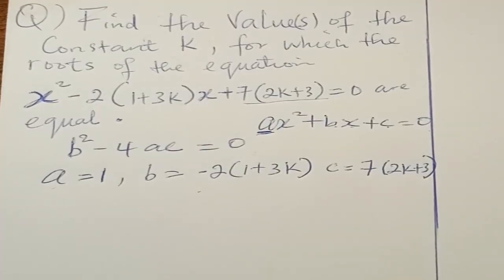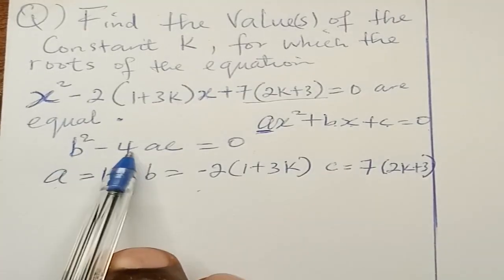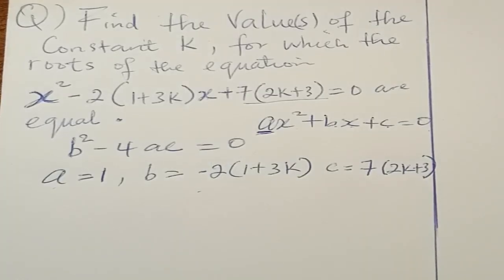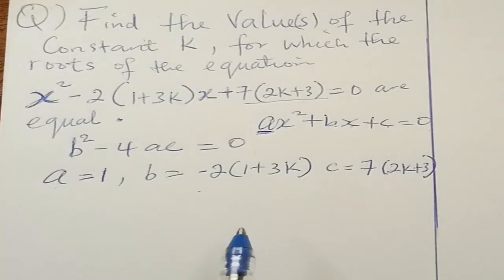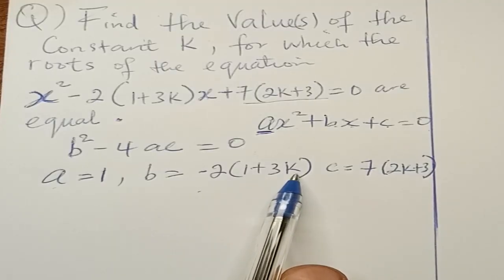So now we have already arranged the a, the b, and the c. Since we have said that if the roots are equal, then the discriminant b squared minus 4ac must be equal to 0, we now need to fit in the b squared minus 4ac and equate it to 0. In this case, we take b squared. Our b here is minus 2 into (1 plus 3k), all squared.